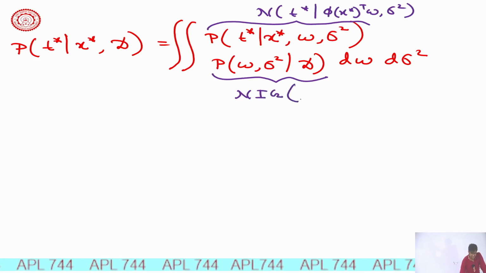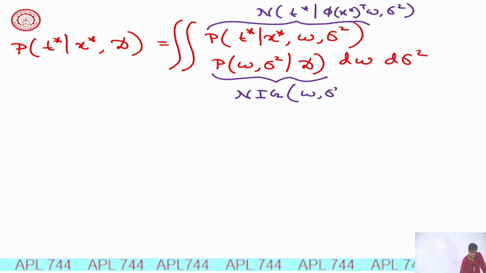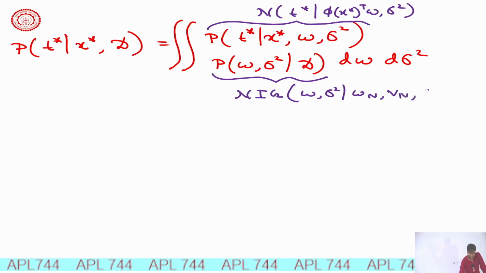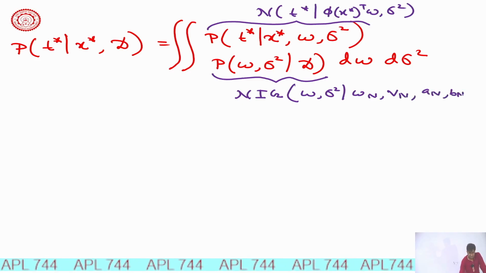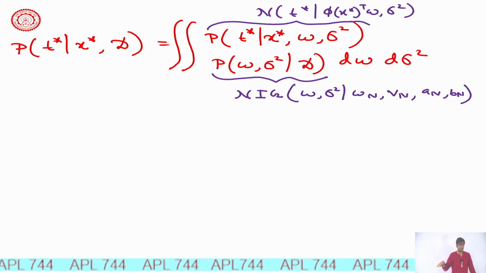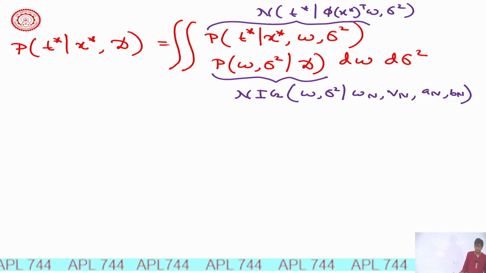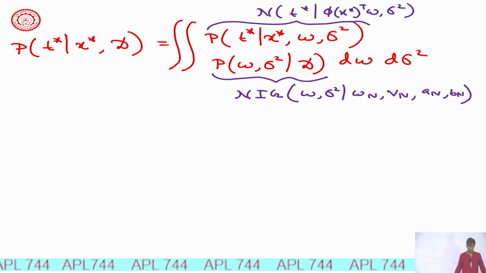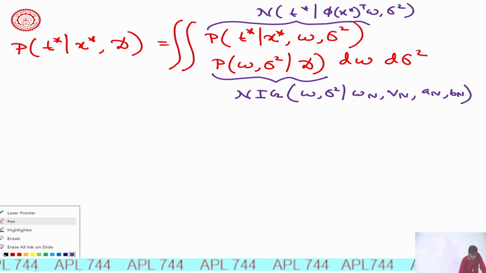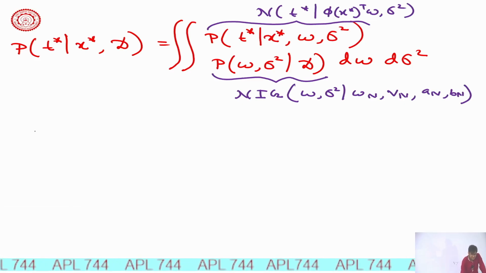I will write it separately later. W comma sigma square given Wn, Vn, An, Bn. And this is the integration we want to solve. Let us substitute whatever we know and see if we can solve it. Actually, this is another homework, so I will not solve it, I will only give you the answer.